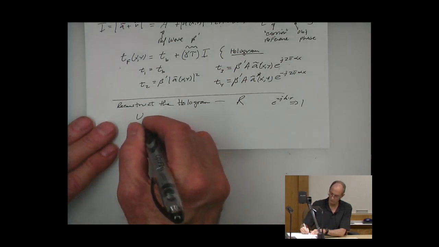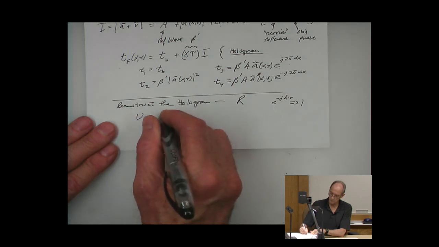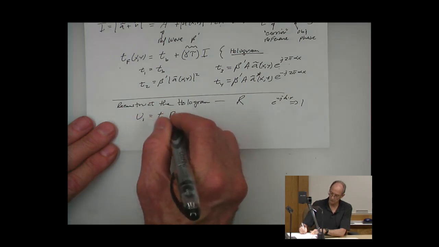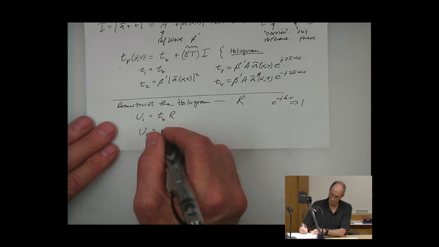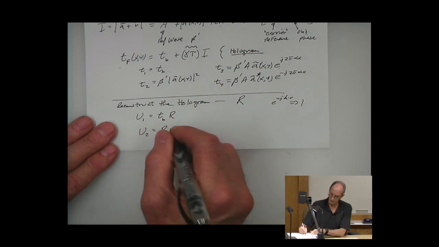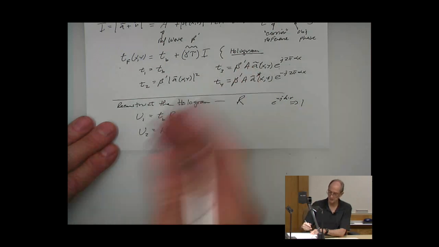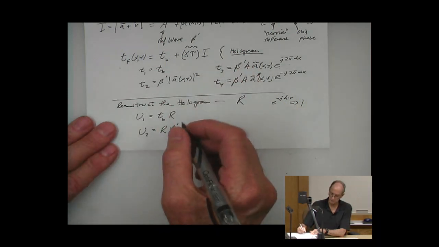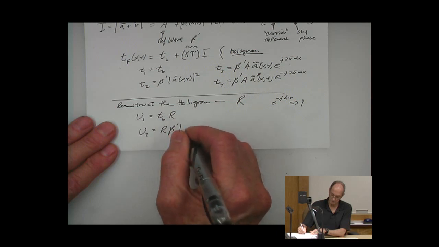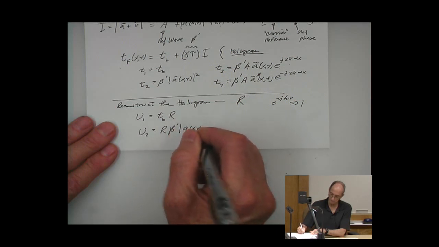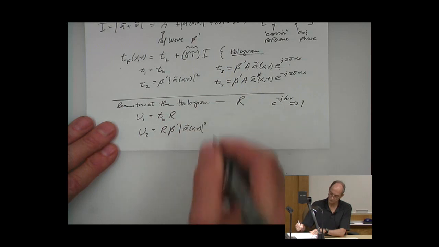We have u1 equal to t sub b times r. We have u2 equal to r times, since I used beta prime up here, I'll use it here, for this product of gamma times tau times a of xy squared.